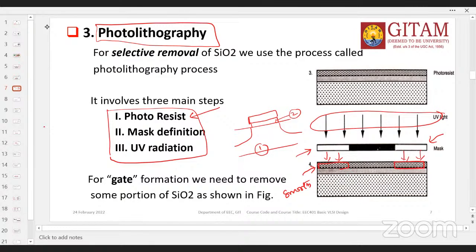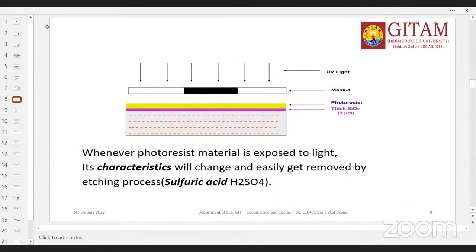So if you are doing something like that, what will happen? This portion of the photoresist is very hard. We cannot remove it, it is impossible to remove that part. But the middle coating can easily be removed by the etching process.